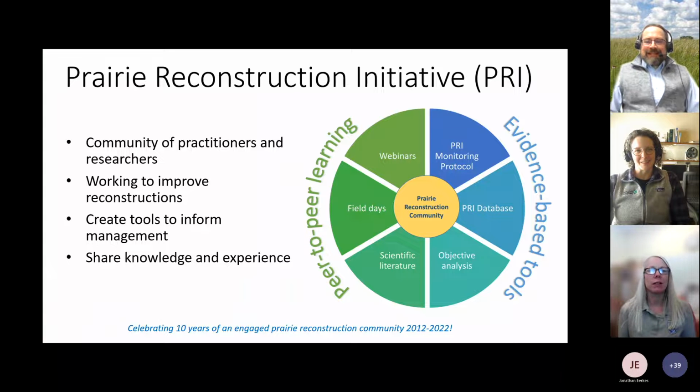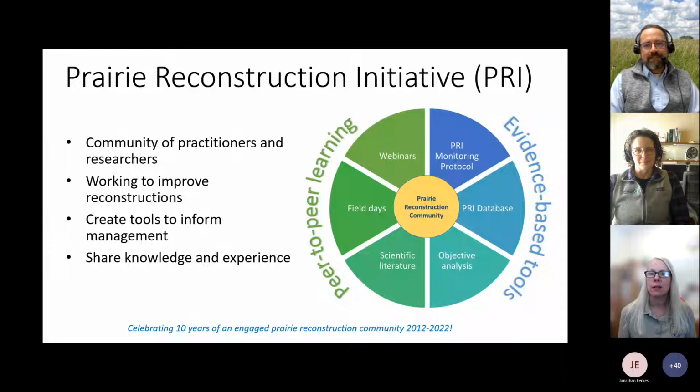PRI is a community of prairie reconstruction practitioners and researchers from more than 30 organizations working together to improve our prairie reconstructions so that they are biologically diverse, ecologically functional, and resist invasion by non-native plants. We focus all of our activities within 2 general areas: evidence-based tools and peer-to-peer learning.